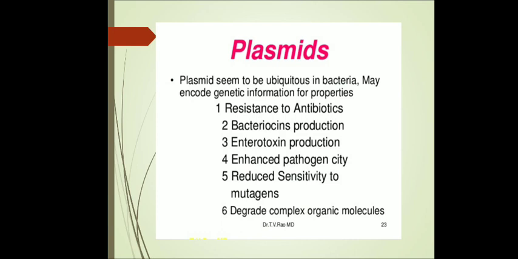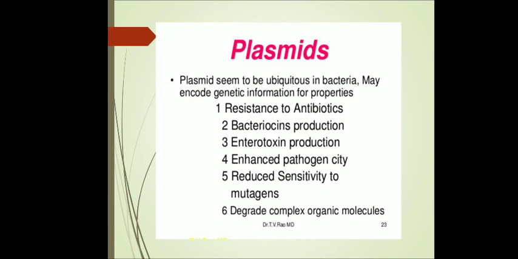The production of these toxins helps the bacteria protect itself from the environment. The fourth function of plasmid is enhancement of pathogenicity, meaning the ability to cause infection can be increased with the help of plasmid.